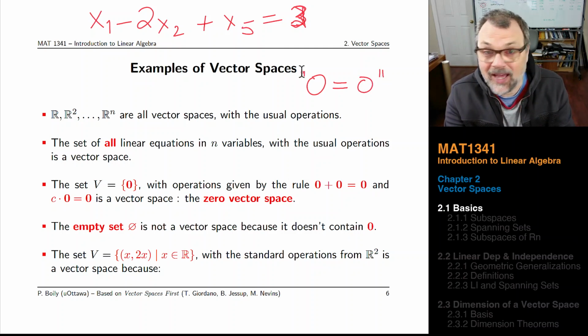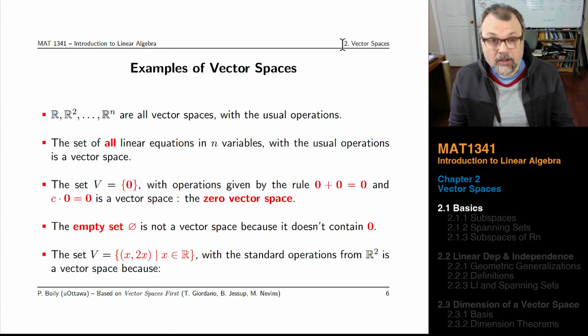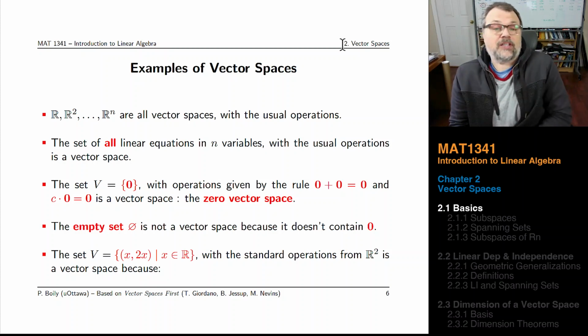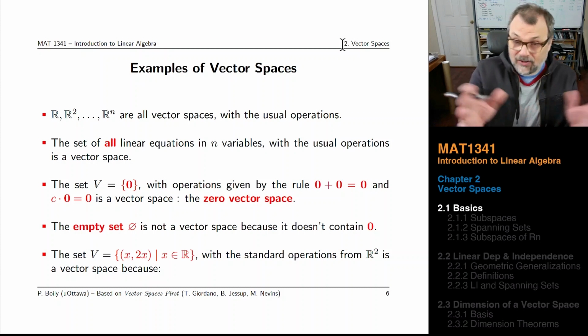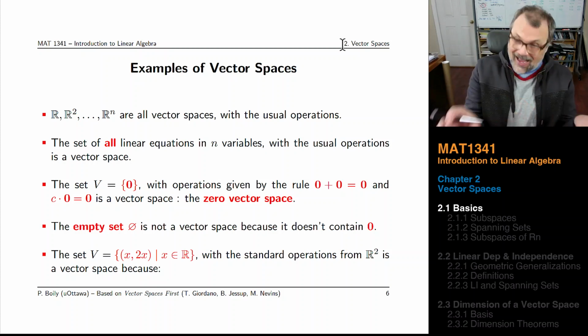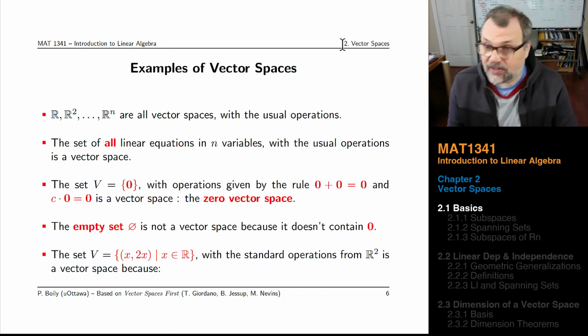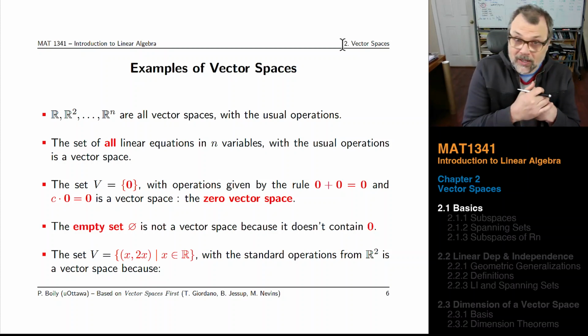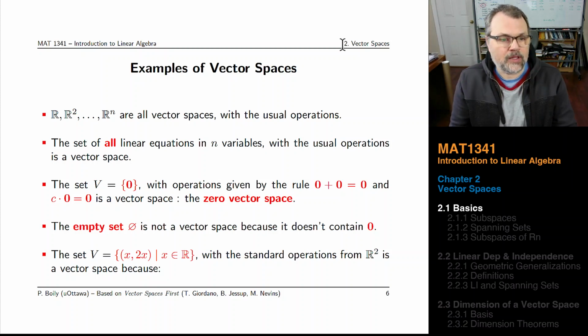If that's the case, and all of the properties of vector spaces are satisfied, then the set of all linear equations in n variables would be a vector space. And in fact, it is. But you have to be sure to have defined what it means to add equations together and to multiply an equation by a scalar. This isn't something we're going to do in the course, but there's a little bit of this in the book, Vector Spaces First, if you want to read up more about it.